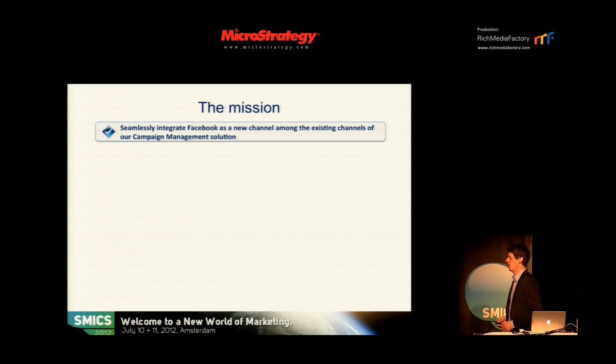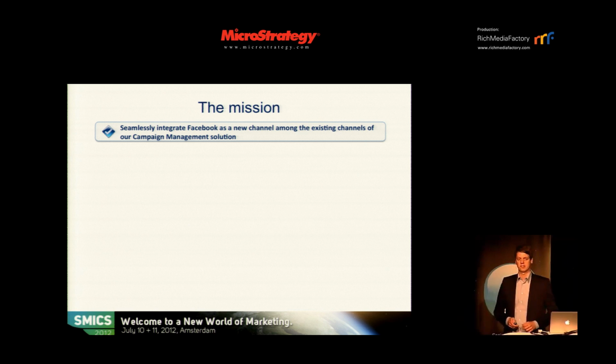We want this to be as automated as possible, with as little interaction as necessary. So for the marketeers, it shall be easy. We define the rules, which is the desired audience, and then the app does it on the fly.